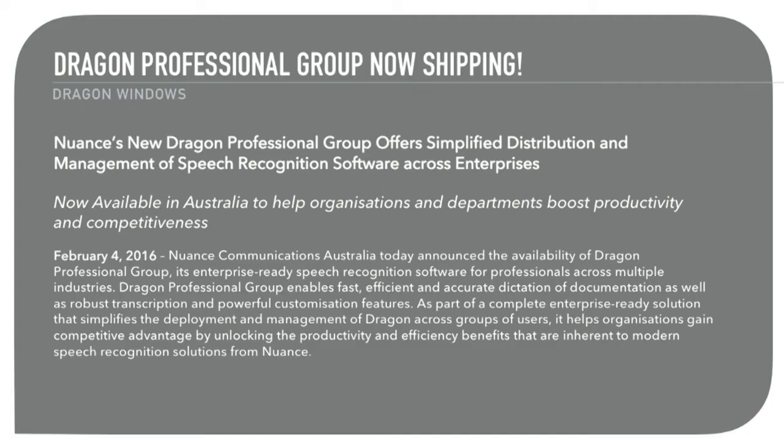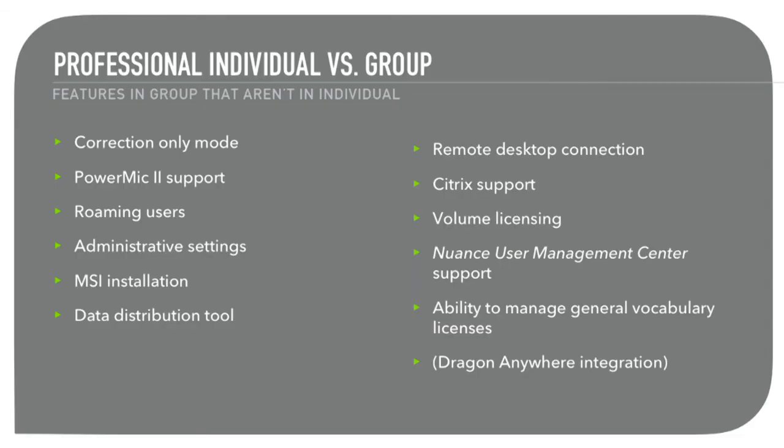For those of you in larger organizations, it's worth looking at to check out what you can use it for and how it can make your organization more efficient. I've got a slide there that shows you the differences between Individual, Professional and Group. Most of you won't need to take advantage of those things, but what Group supports is the things that would help a larger organization.